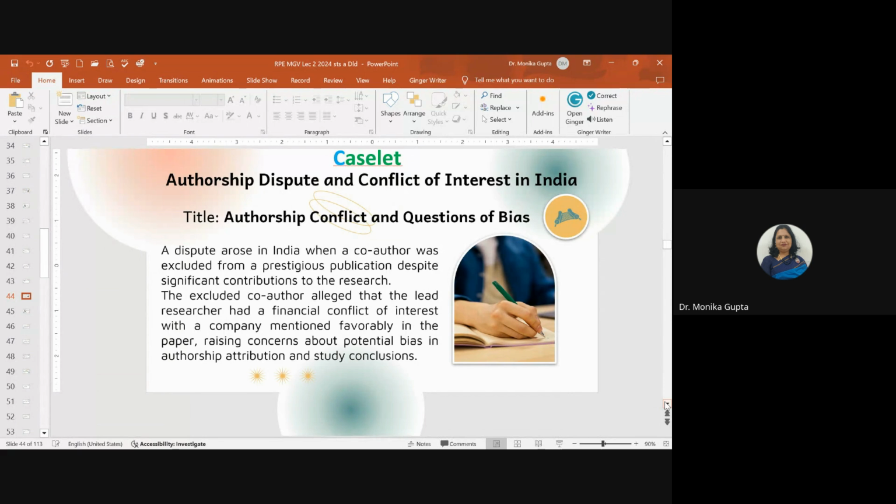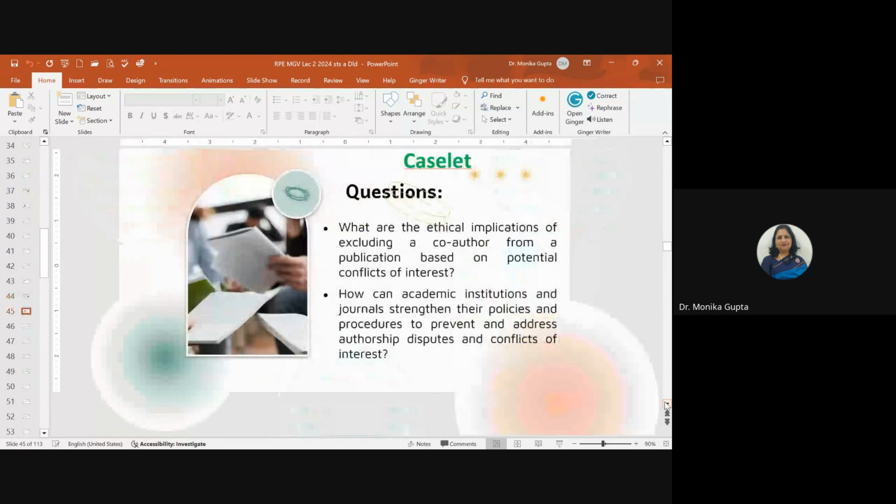The excluded co-author alleged that the lead researcher had a financial conflict of interest with a company mentioned favorably in the paper, raising concerns about potential bias in authorship, attribution, and study conclusions. What are the ethical implications of excluding a co-author, and how can academic institutions and journals strengthen their policies and procedures to prevent such situations?